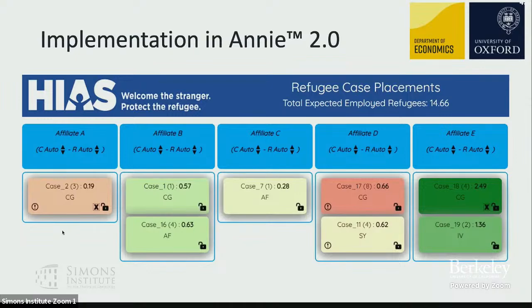You've got to think, okay, how is this going to displace the future families that are coming in? So these different shades of green and red basically tell you the value of this match overall from the perspective of the whole year. If you have a red match, it's basically not worth placing the family there because it's too costly to take up that capacity relative to how much employment you're actually getting. Okay, so it's a kind of simple visual.